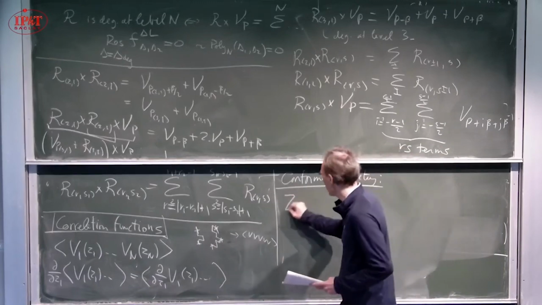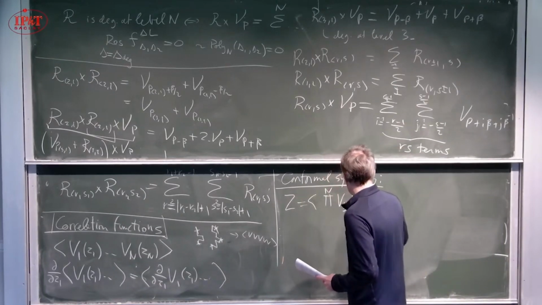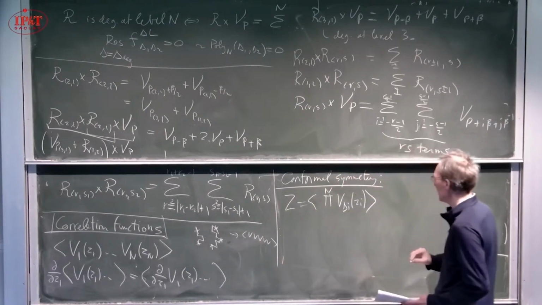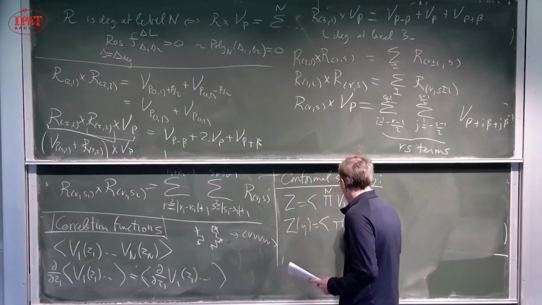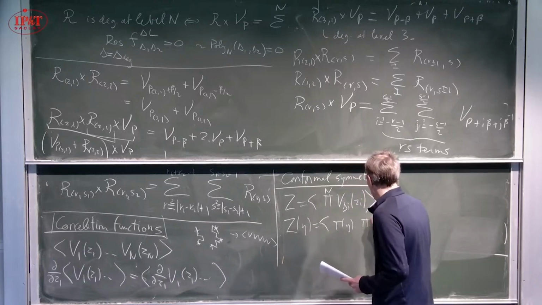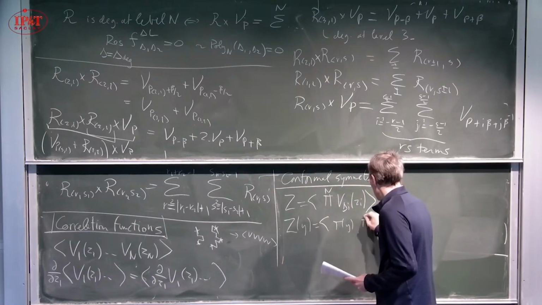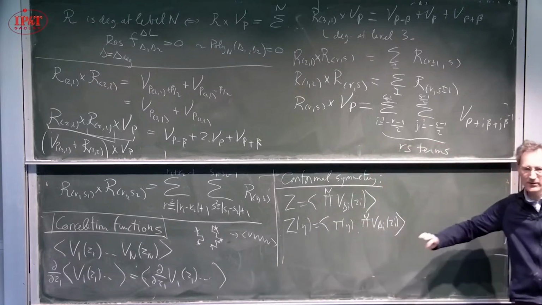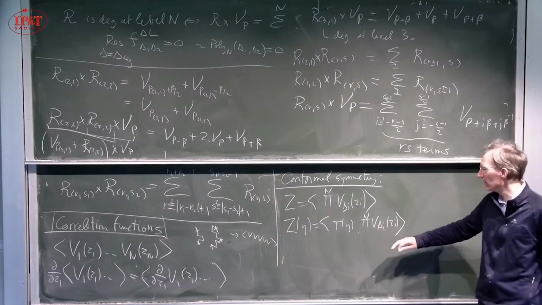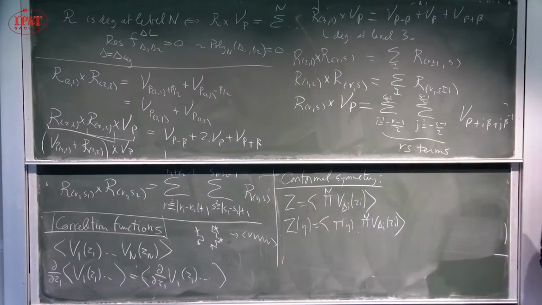So let's assume we want to study the correlation function, this n-point function, product of V_{Δ_i}(z_i), of n primary fields. Let me define Z(y) as the same thing with an insertion of T(y). And then we want to study the properties of Z(y) and deduce how Z behaves under conformal transformations.